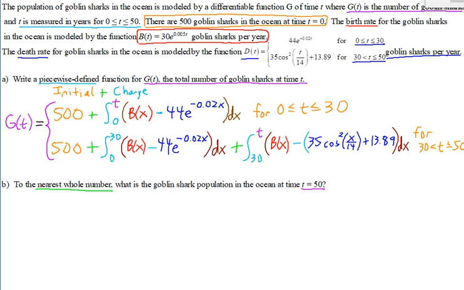So we can use our piecewise function right here. And notice for 50, that would require us to use the second piece, because it's on that second interval, versus if it was time 20, we would use the first piece.